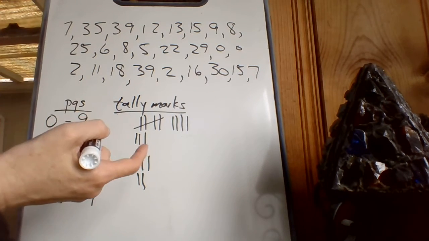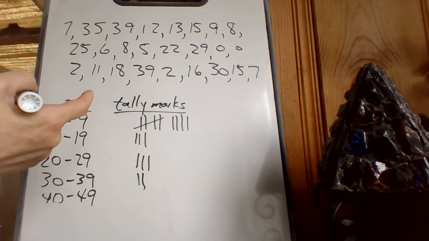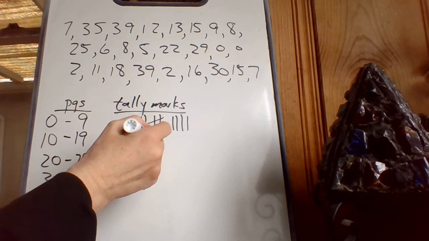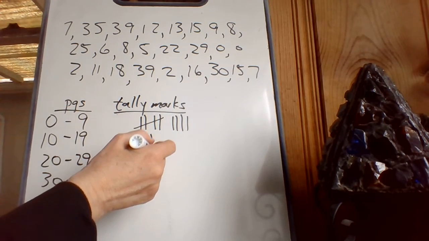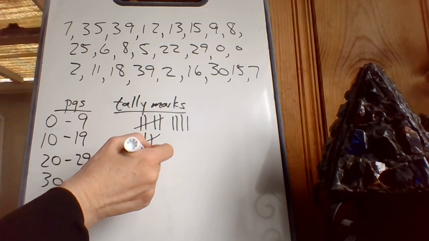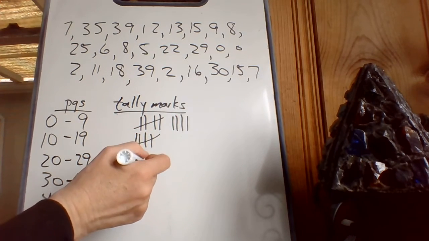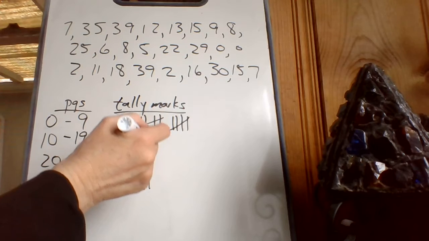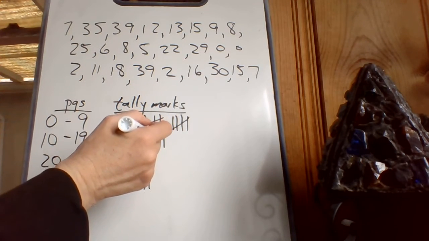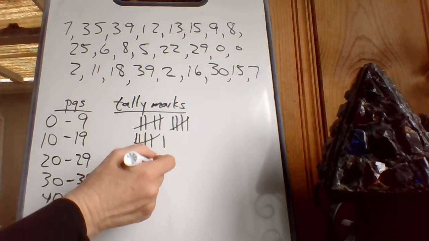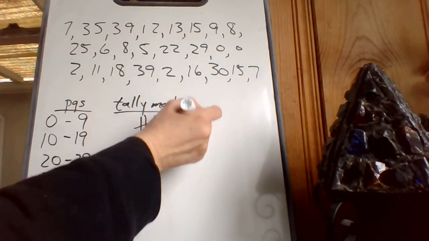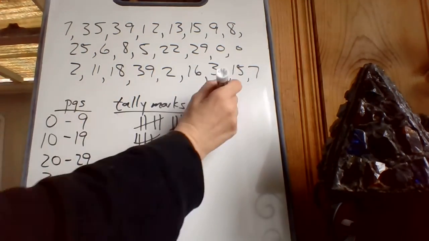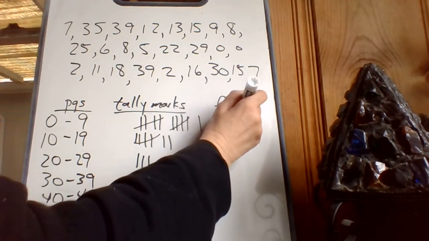I don't know how a kid's book only has like 2 pages, but anyway. 11, 18, 39, 2, 16, 30, 15, and 7. All right, so you wouldn't put that line in a professional thing.